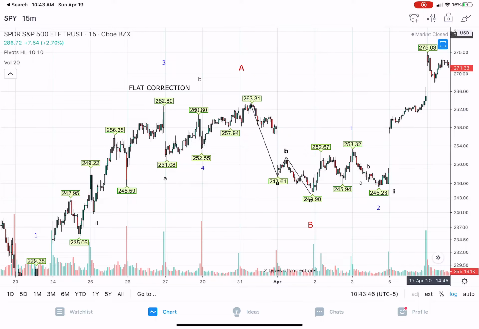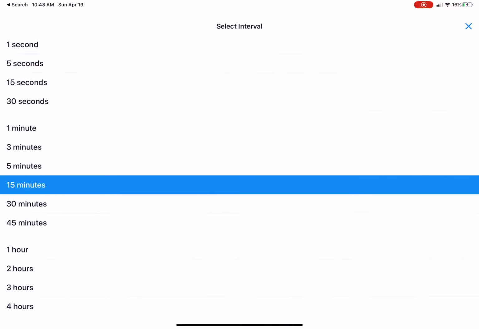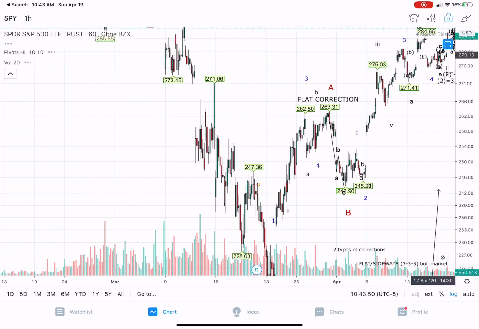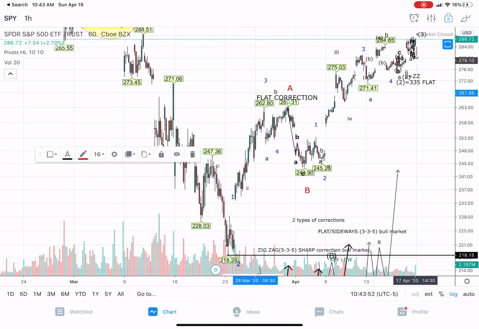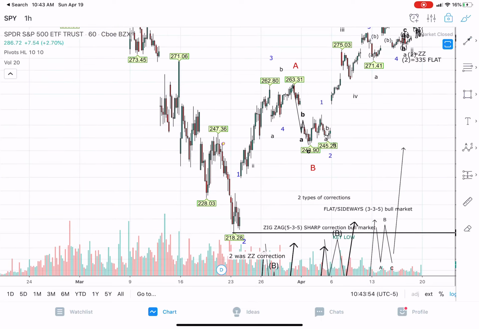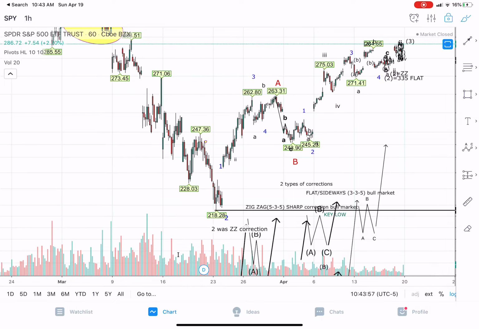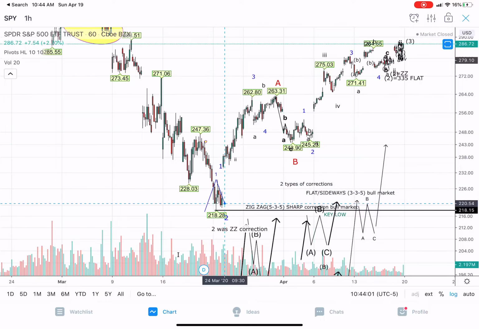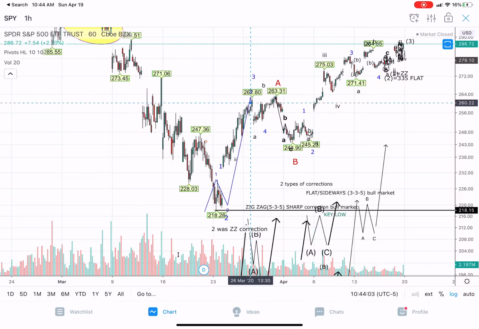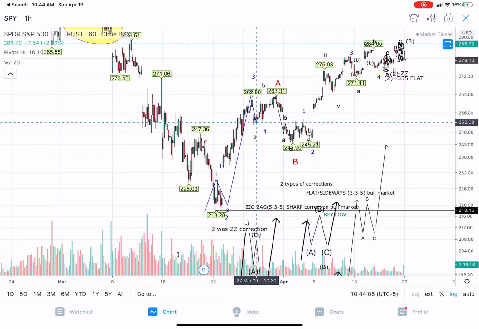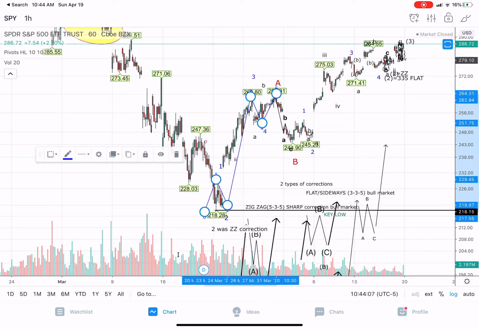And that composed of, so those 5 waves, let me zoom out. So those 5 waves came together to comprise a wave A. 1, 2, 3, we had the flat correction here, 4, and 5.